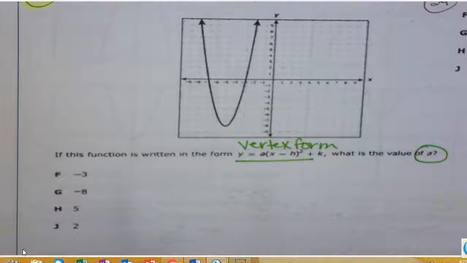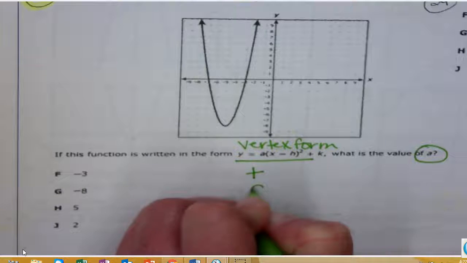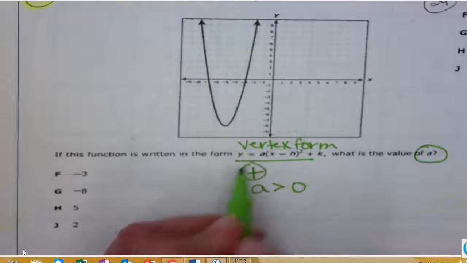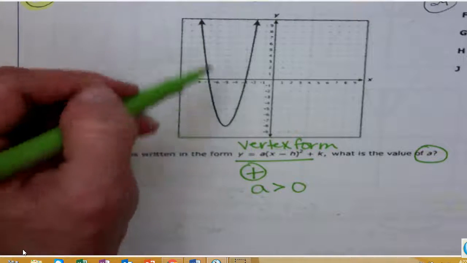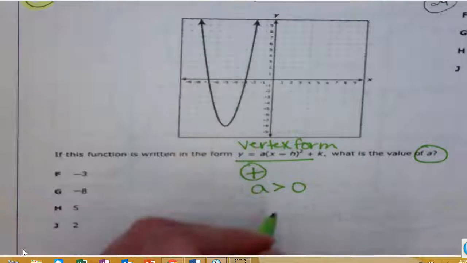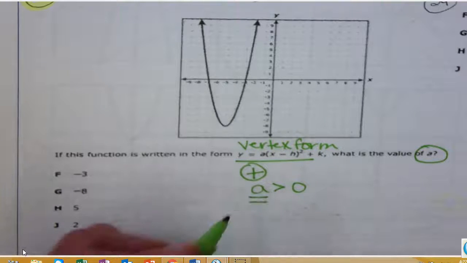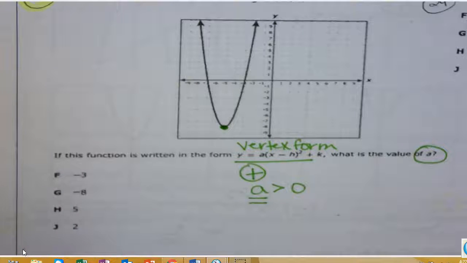Well, we know that A has to be positive. A has to be greater than 0 because it is facing up. If it wasn't facing up, if it was less than 0, then it would be facing down. So we know that A has to be positive, even though the vertex is in the negative quadrant.